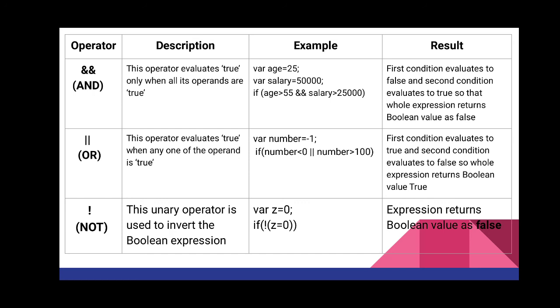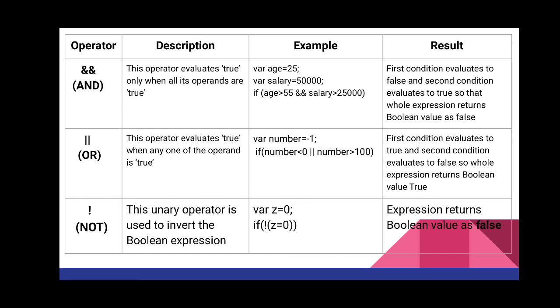Agree? So what is the first condition? Number is less than 0. Is -1 less than 0? Yes, the first condition evaluates true. So it does not need to check the second condition, because our output will be true anyway, since the first condition is already satisfied. Suppose the condition was number greater than 0.